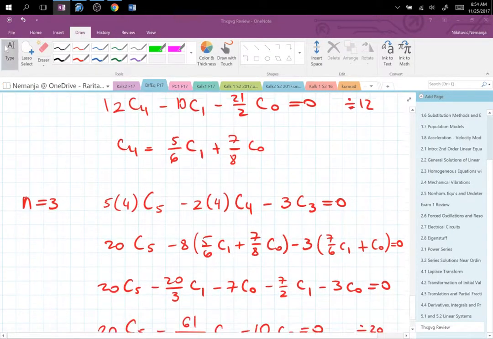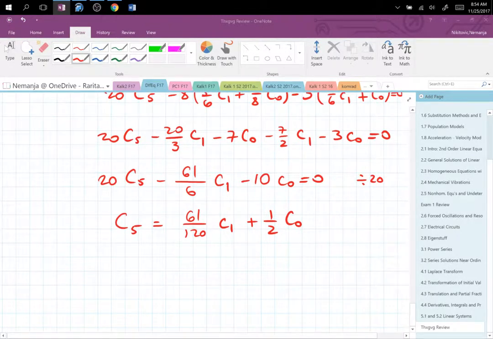So as we start writing our solution now, well, this has to be y of x now because I used x up there. It's x to the n. I didn't use t to the n. So y of x is going to be, and we have our first term.